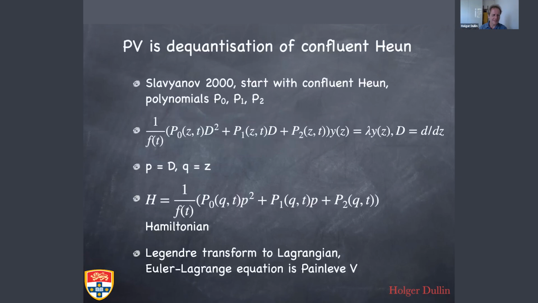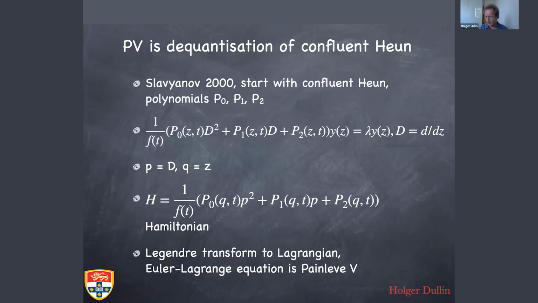So, I mean, this is a paper by Slavyanov in 2000, where he basically did the following. So you said, take actually any Heun equation. So you can forget about Confluent Heun. So start with the Heun equation, which is this differential equation.